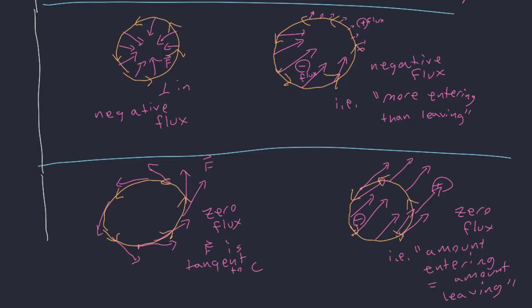And given the way I've drawn this, this might also give us zero circulation as well, because we get as much in every single direction all the way around. So it may actually balance out to give us zero in both.